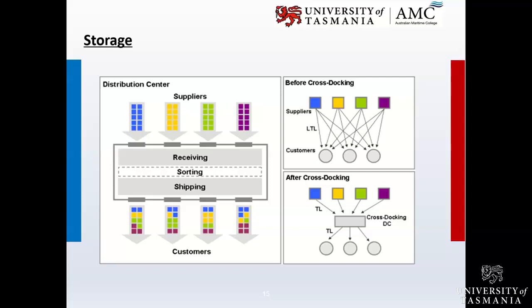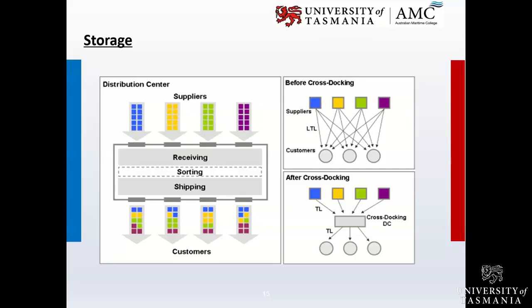But after cross-docking, there are 4 suppliers, 3 customers, and for each supplier there is 1 shipment from each supplier to the distribution center.